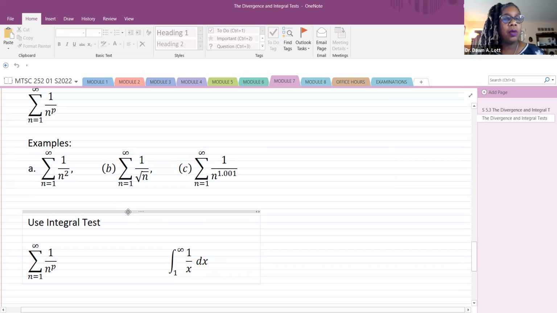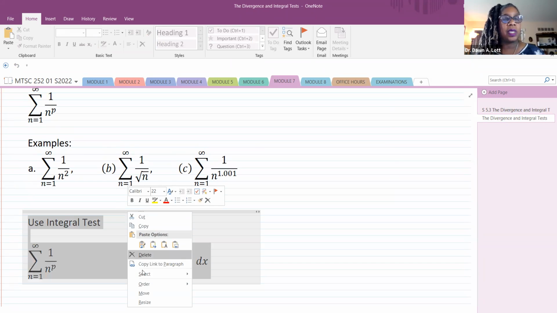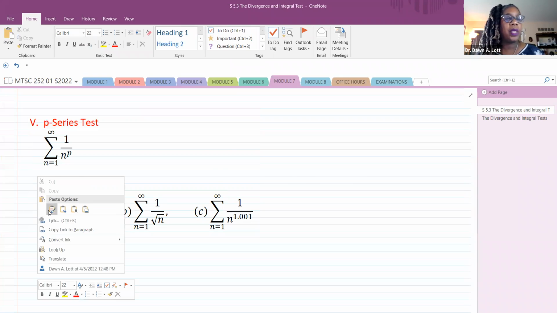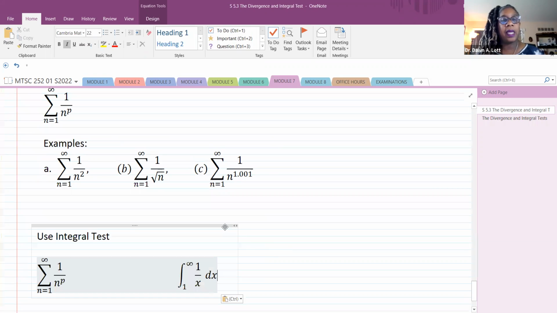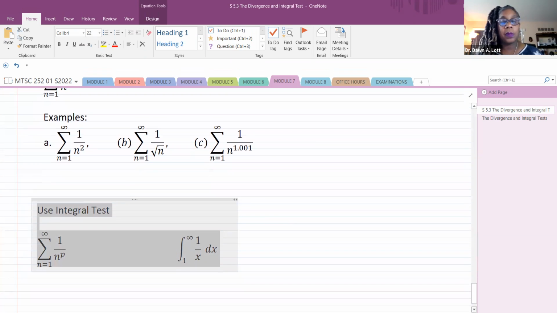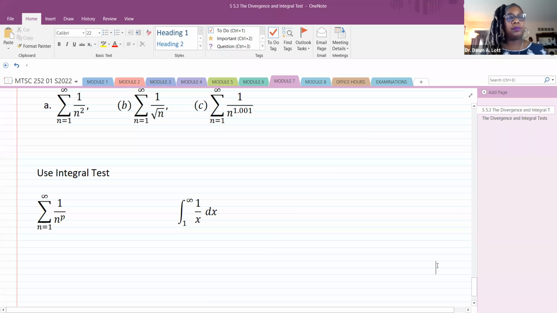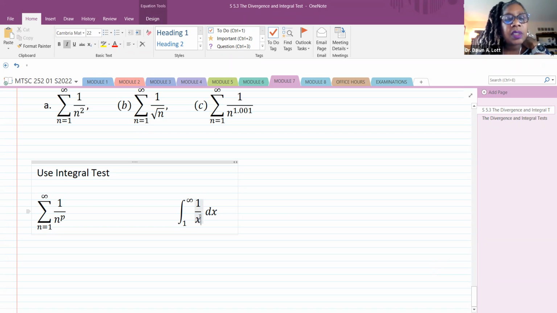We are going to use the integral test to help us determine when the P-series converges or diverges. Now, what happens when p is 1? Does anybody know? Uh-oh, this is missing an x to the p.